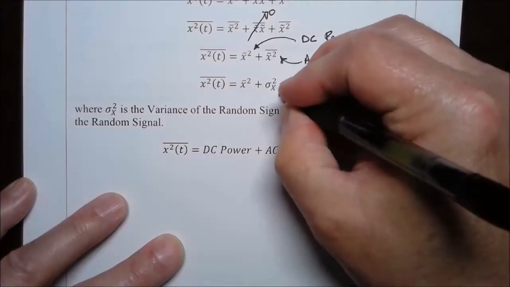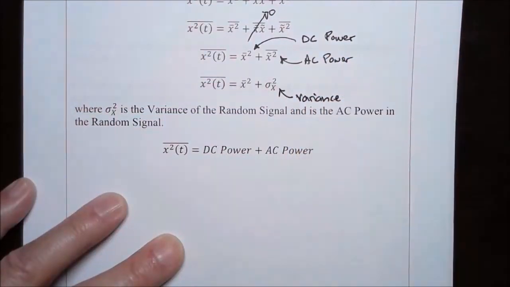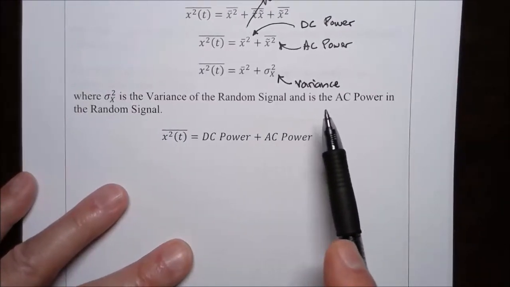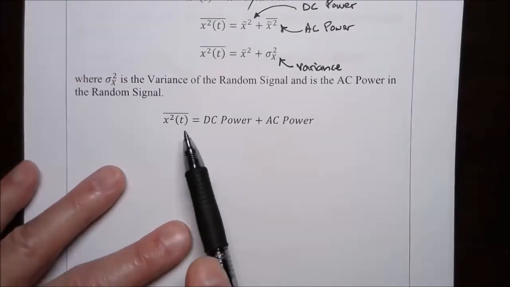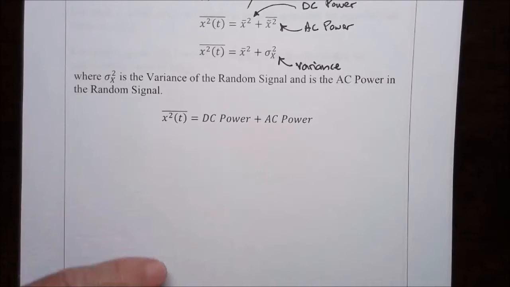So this is the variance. Sigma x squared is the variance of the random signal and is the AC power in the random signal. So the total power is equal to the DC power plus the AC power.